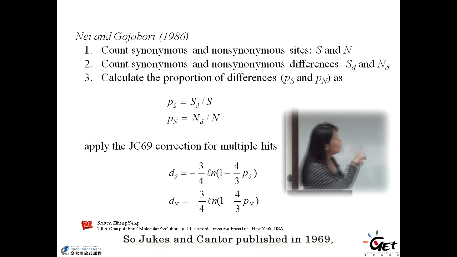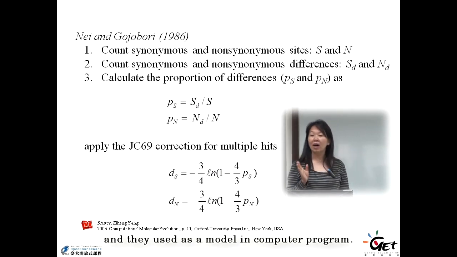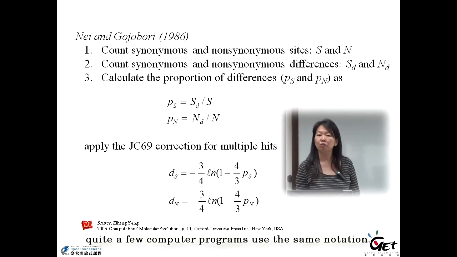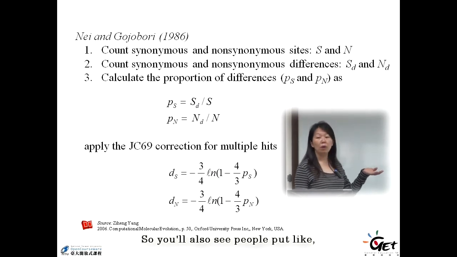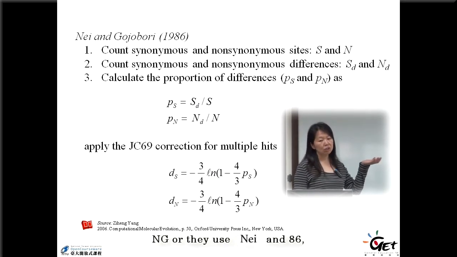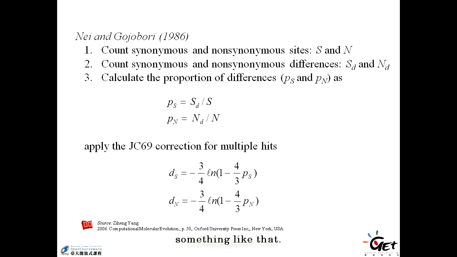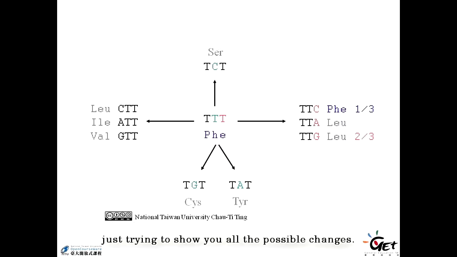Jukes and Cantor published in 1969, and they use that as a model in the computer program. I have seen quite a few computer programs use the same notation. You also see people put NG, or they just use NA and 86, something like that. Okay, I just try to show you all the possible changes.